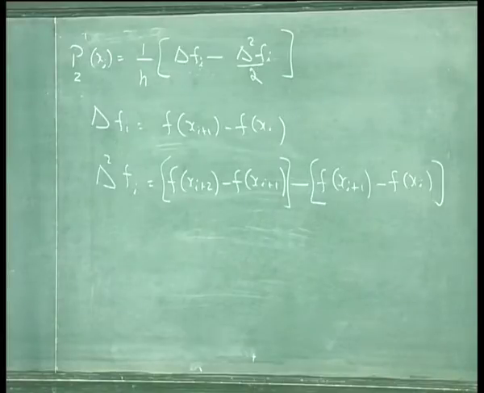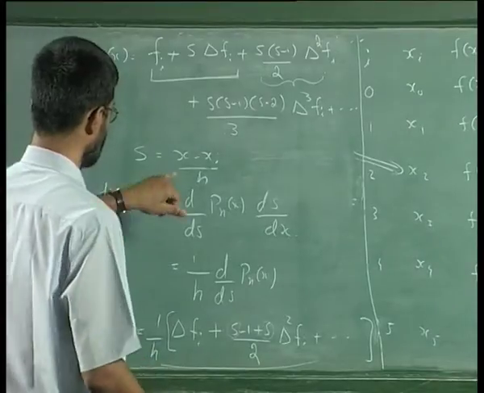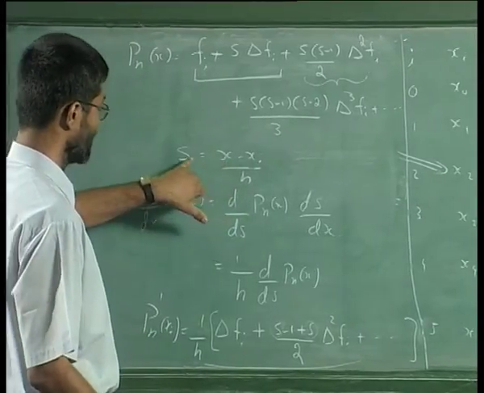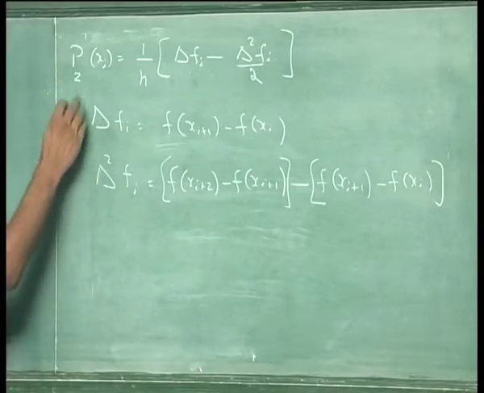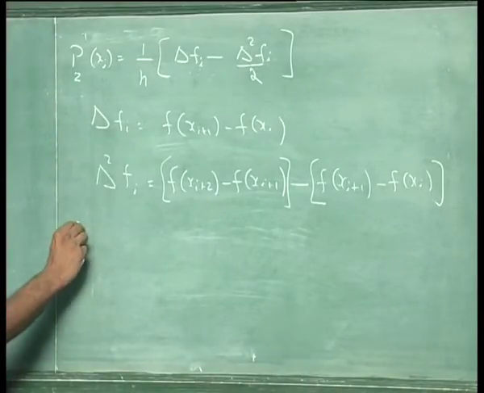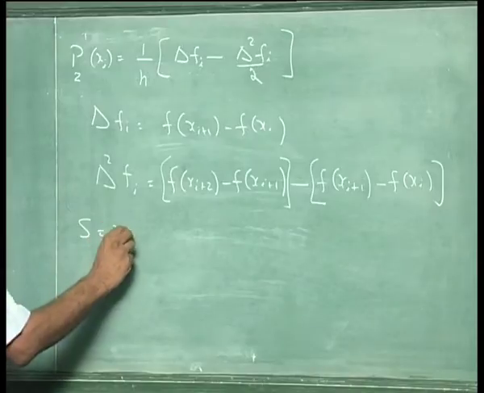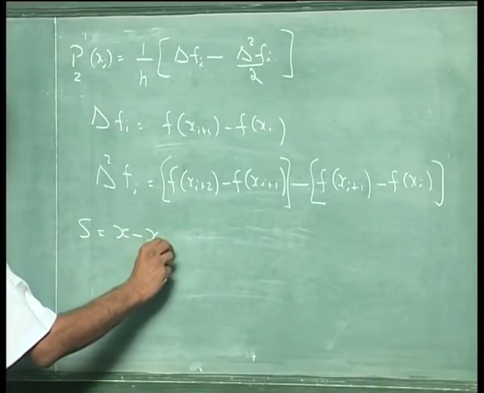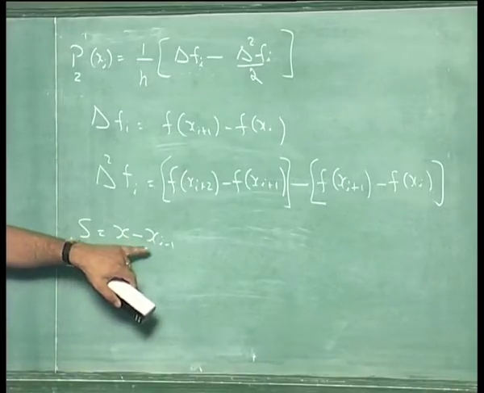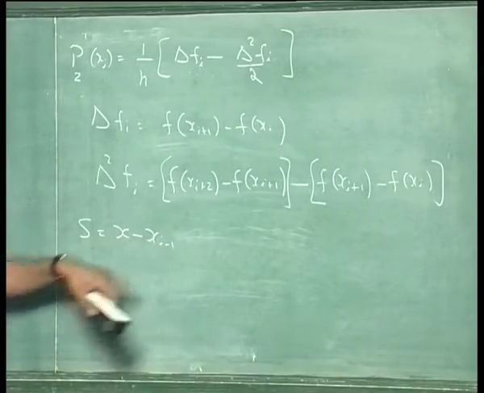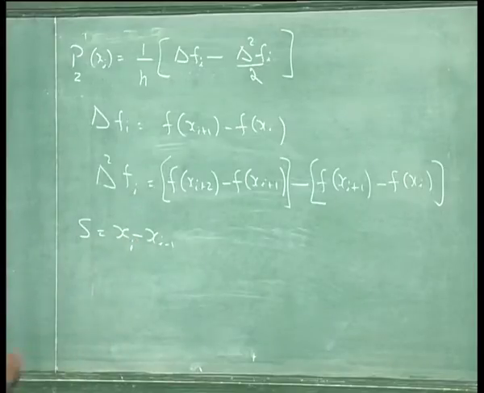If I center at xi minus 1, then s would be x minus xi minus 1, with x equal to xi, divided by h.